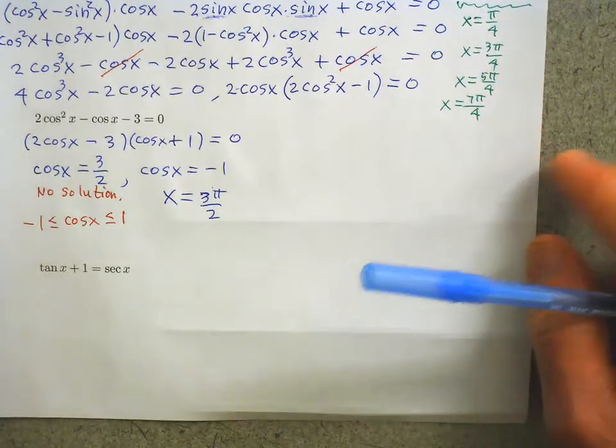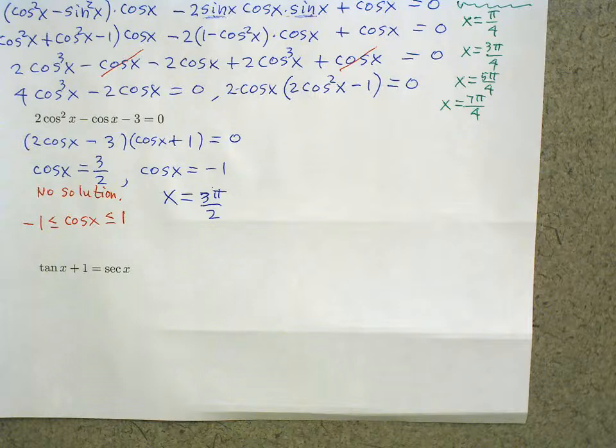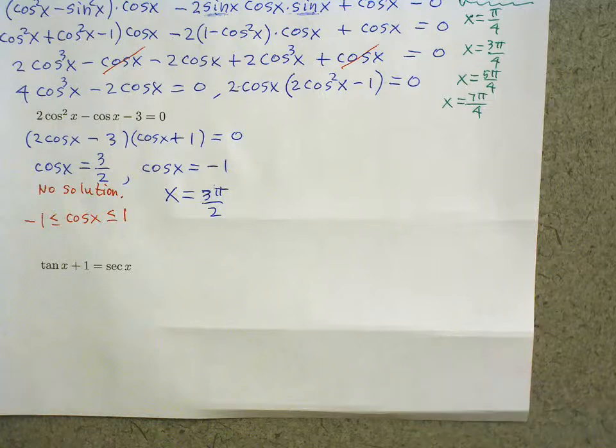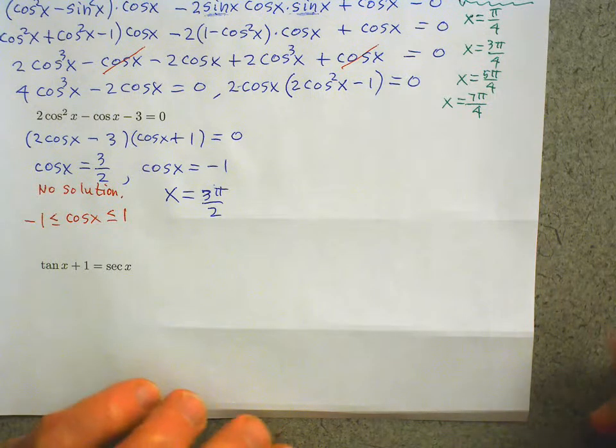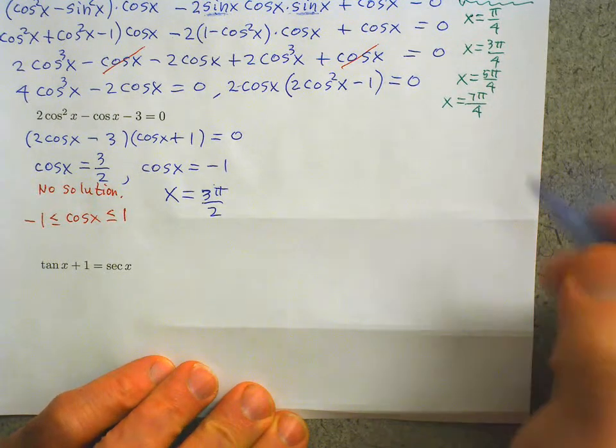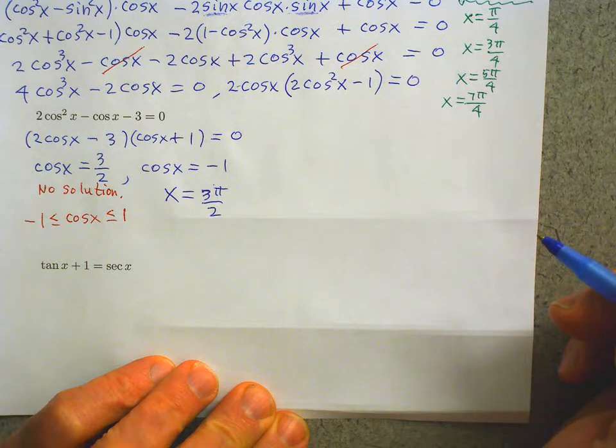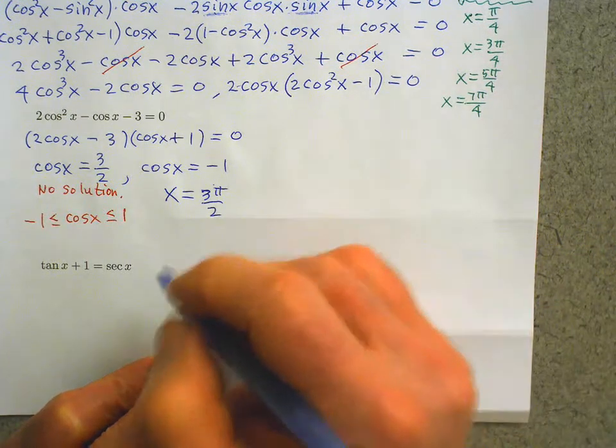Okay, we keep going. Tangent of x plus 1 equals secant of x. Well, let's try squaring both sides again.